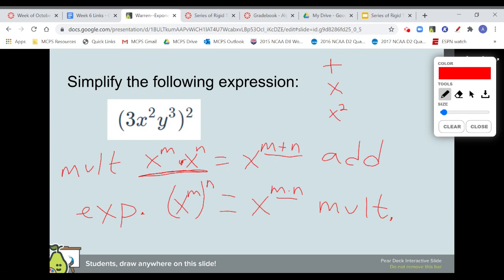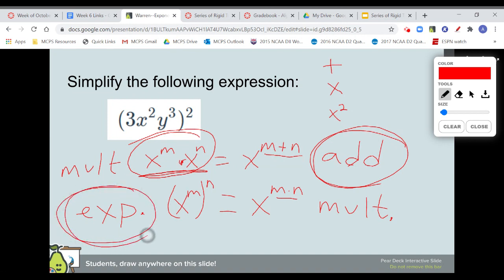That's sort of in the order of least to most complicated. Basically what you're doing with these rules is taking a step down. If you're presented with a multiplication, you're taking it one step simpler and moving to an addition. If you're presented with an exponent, you're taking it one step simpler and performing a multiplication.